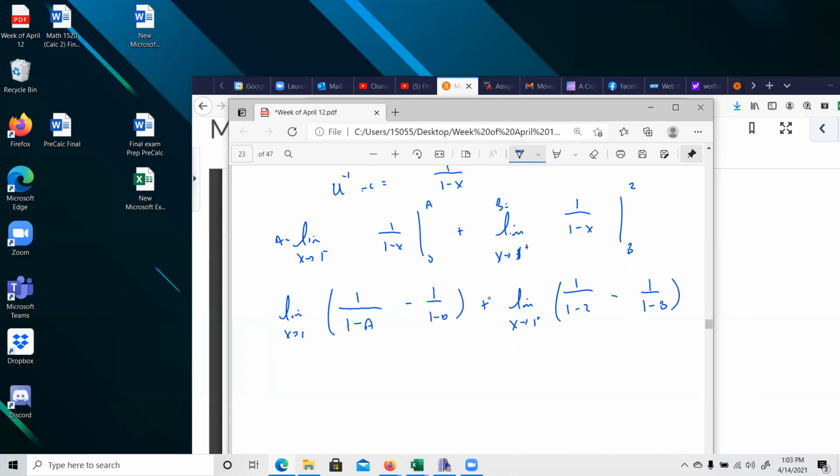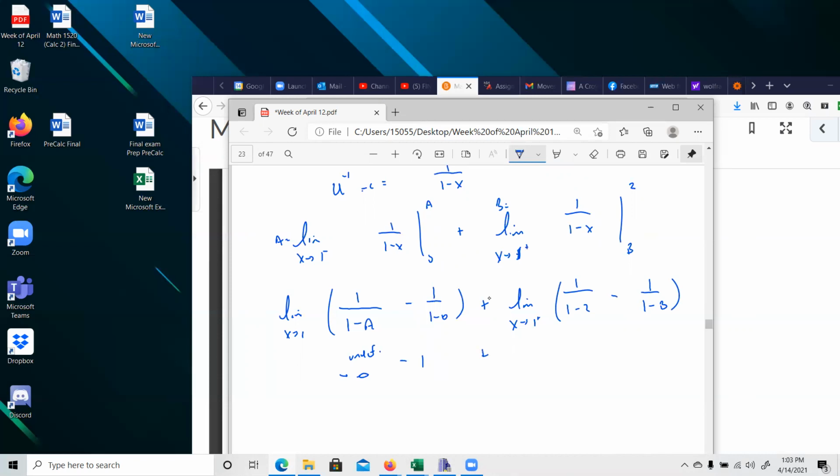Now, as a is approaching 1, if we plug in 1 here, we have a problem. That's 1 over 0, that's undefined. This limit goes to infinity, minus 1.